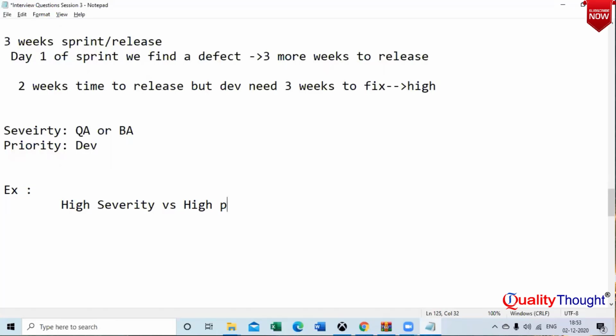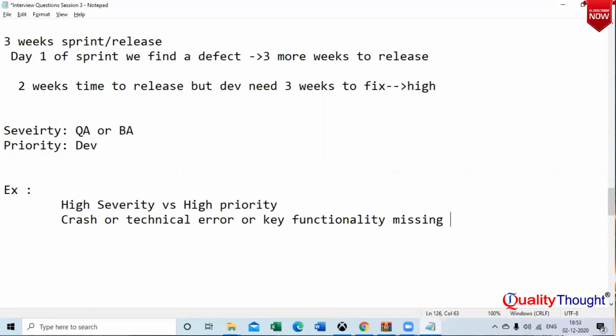Any crash, any technical error, key functionality missing, or any major failure.